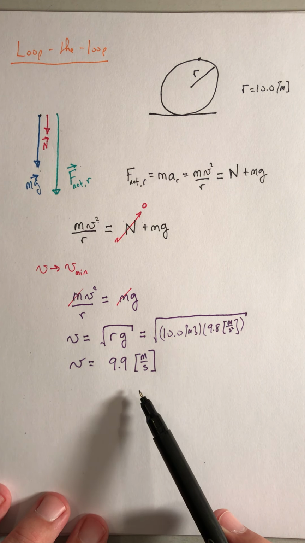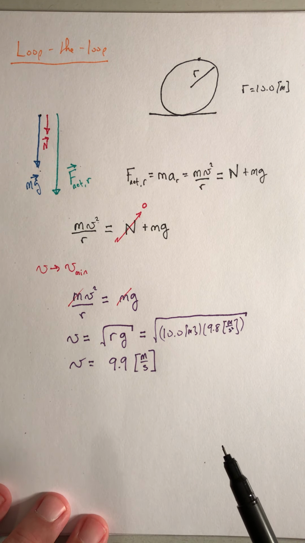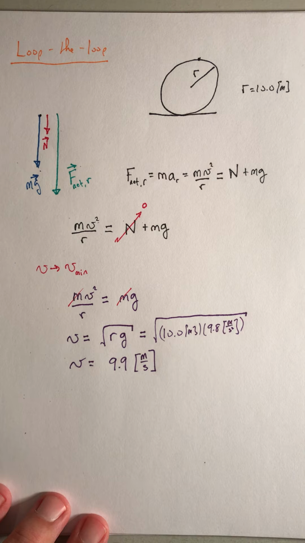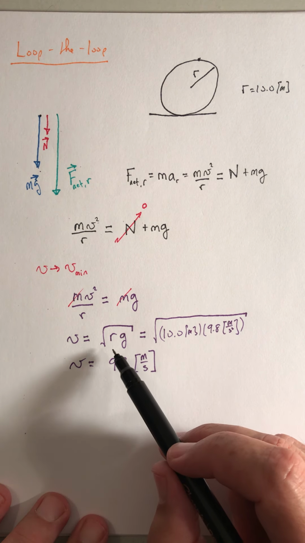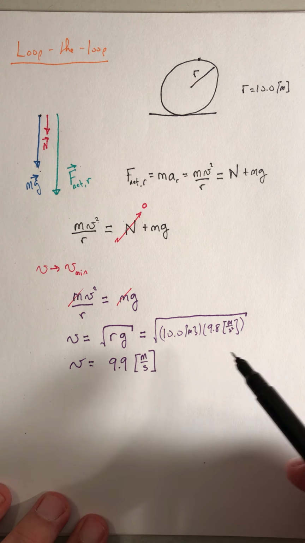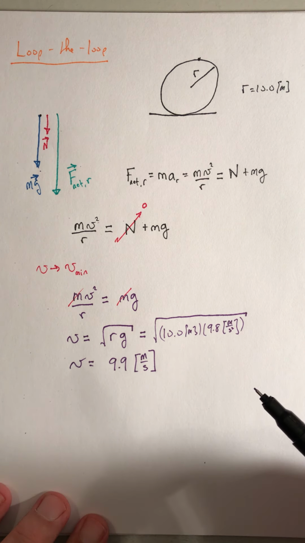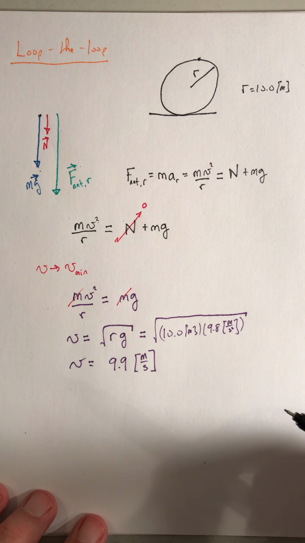And that is the minimum speed to make a loop-de-loop on planet Earth for that given track size. If the track is bigger, you're going to have to go faster at the top. And if you're thinking of building this on some other planet, you need to take g into account there before you build your amusement park for Elon Musk on Mars.